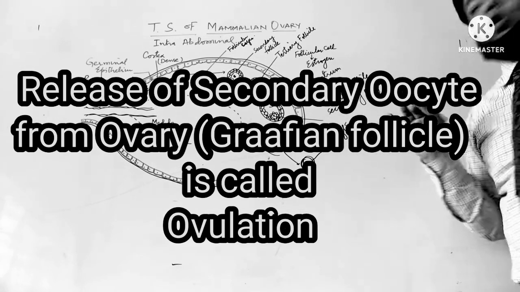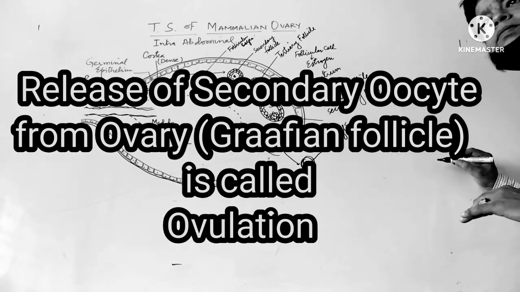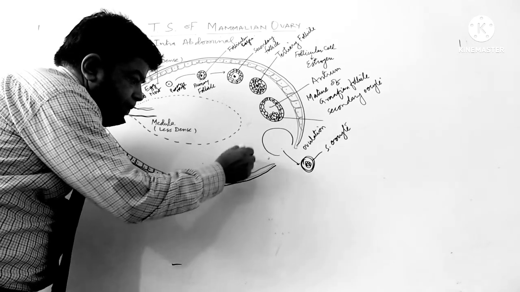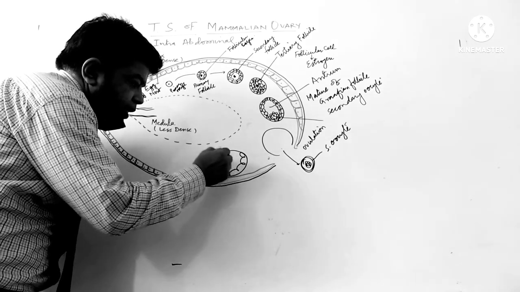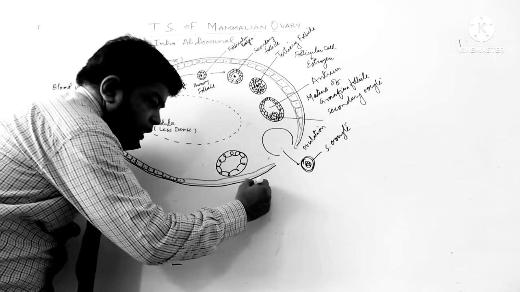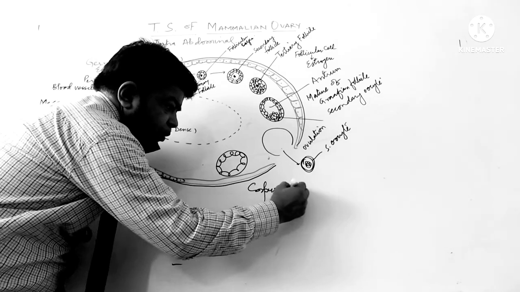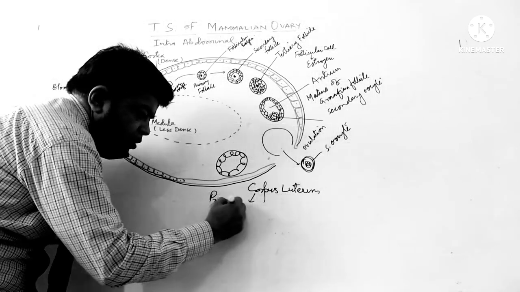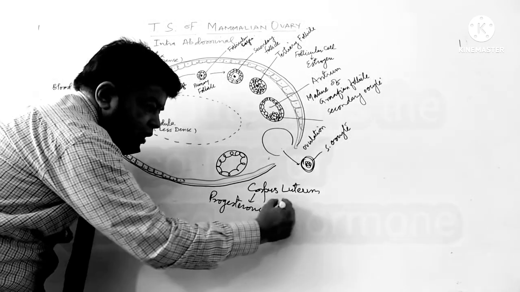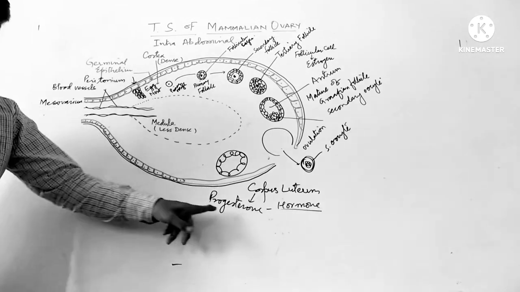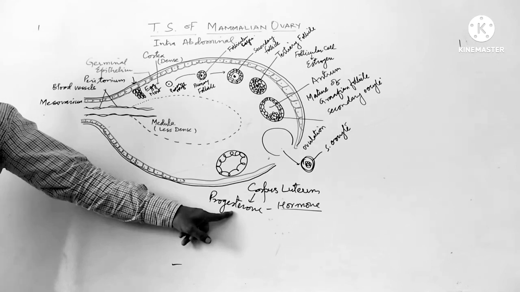The remaining part of this Graafian follicle is redeveloped, and this structure without the secondary ovum is known as corpus luteum. This corpus luteum is the source of progesterone, another ovarian hormone, and this maintains the pregnancy in women.